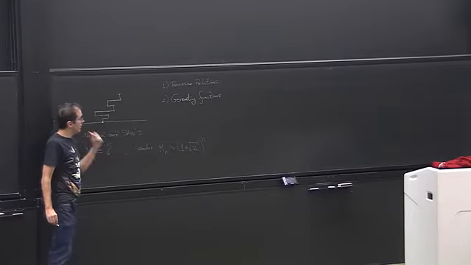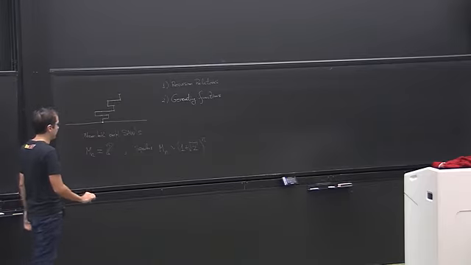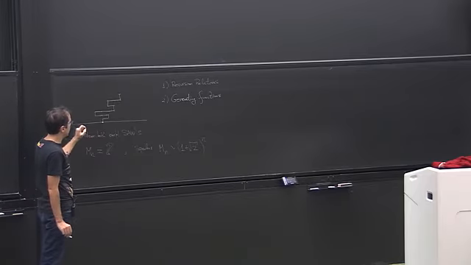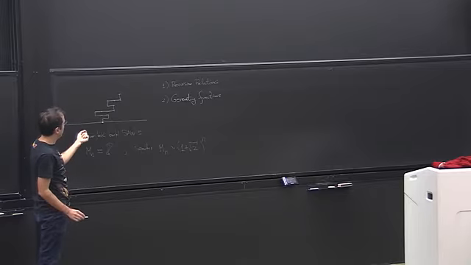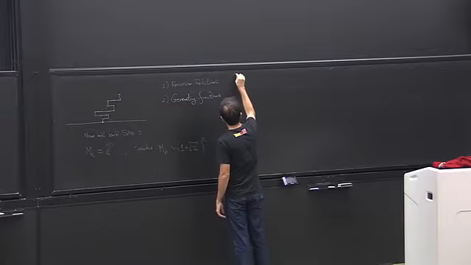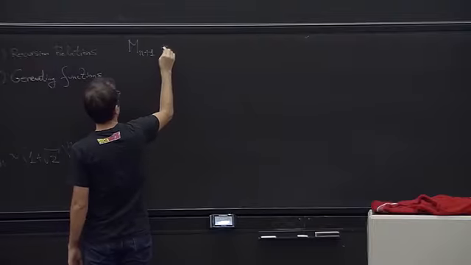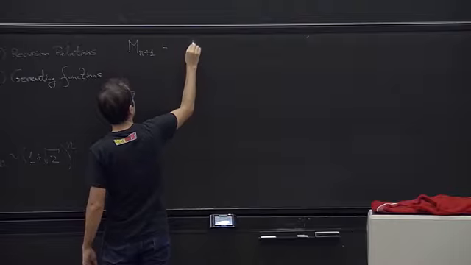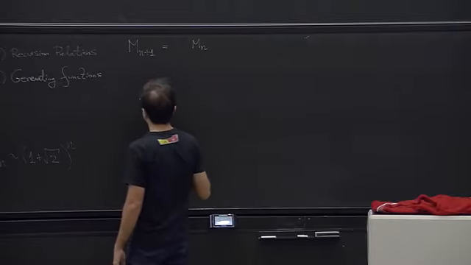So let's count how many there are using first recursion relations. So what we want to do in these recursion relations is to write something where mn plus 1 is equal to something in terms of how many there are with mn.